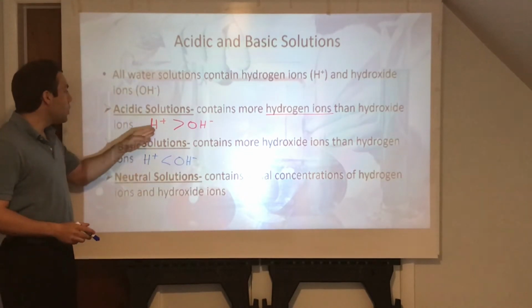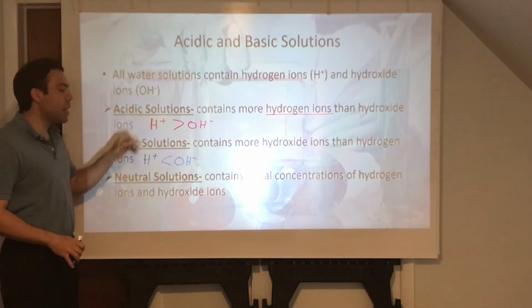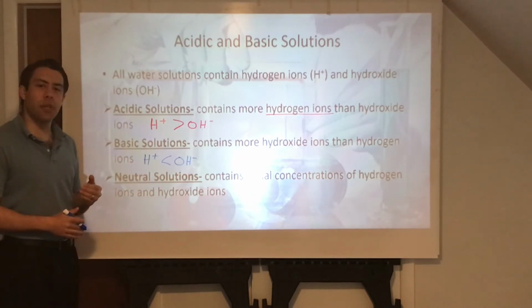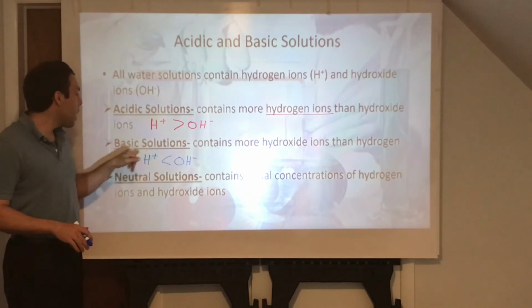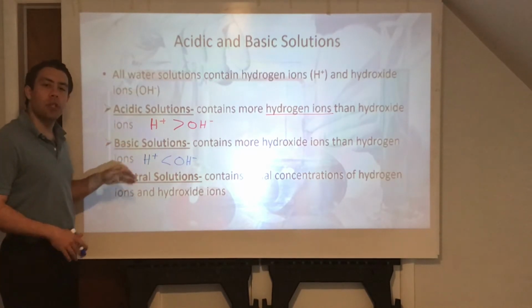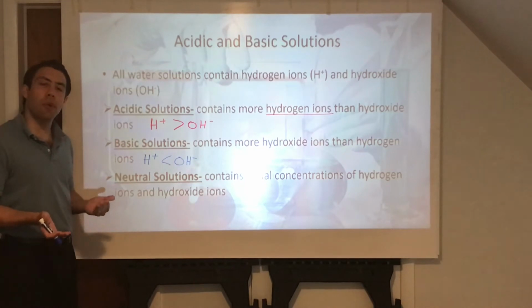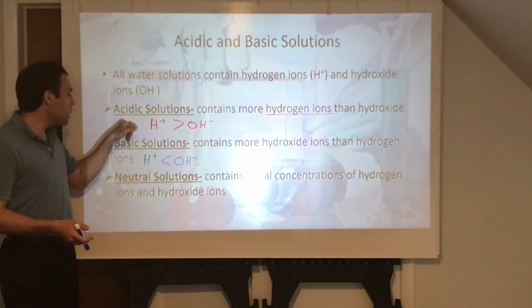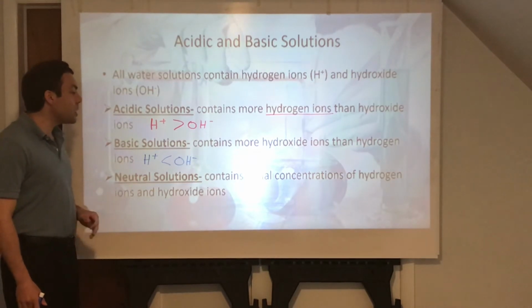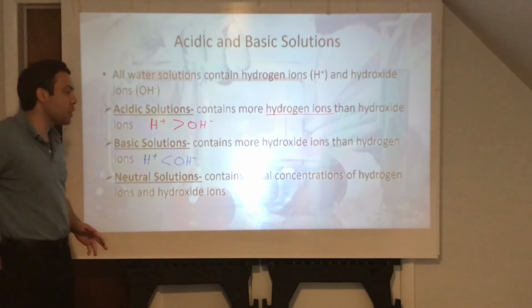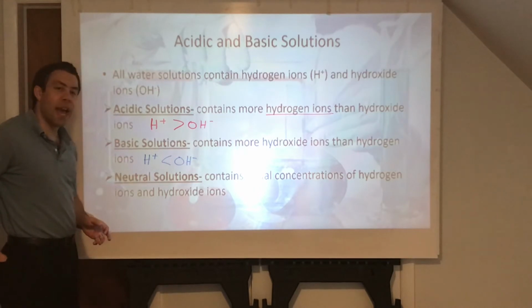Notice I used red marker for acidic solutions because acidic solutions turn litmus, either paper or solution, red, and basic solutions turn litmus paper or solution blue. Red acidic, blue basic. Finally, neutral solutions contain equal concentrations of hydrogen ions and hydroxide ions.